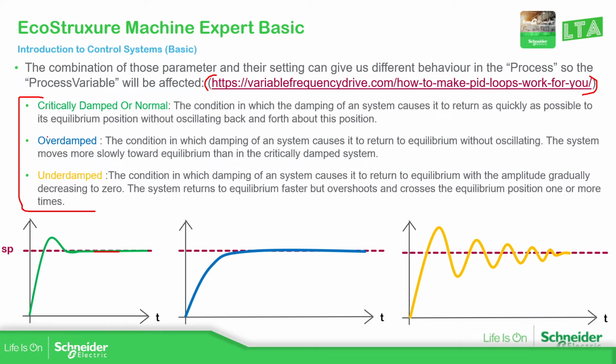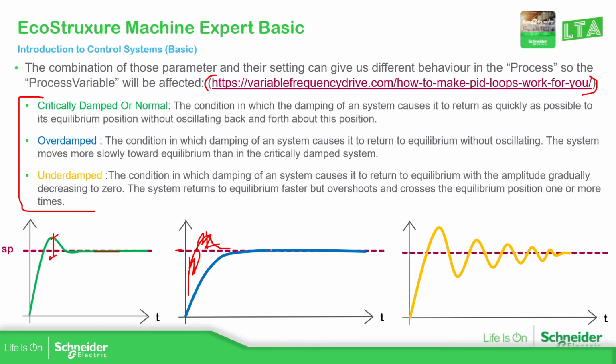And then we have the overdamped, which in Spanish is sobreamortiguado. You can see here the behavior. We got the set point and we don't have any overshoot. This is the overshoot, we don't have this part, that's why it goes under the set point.